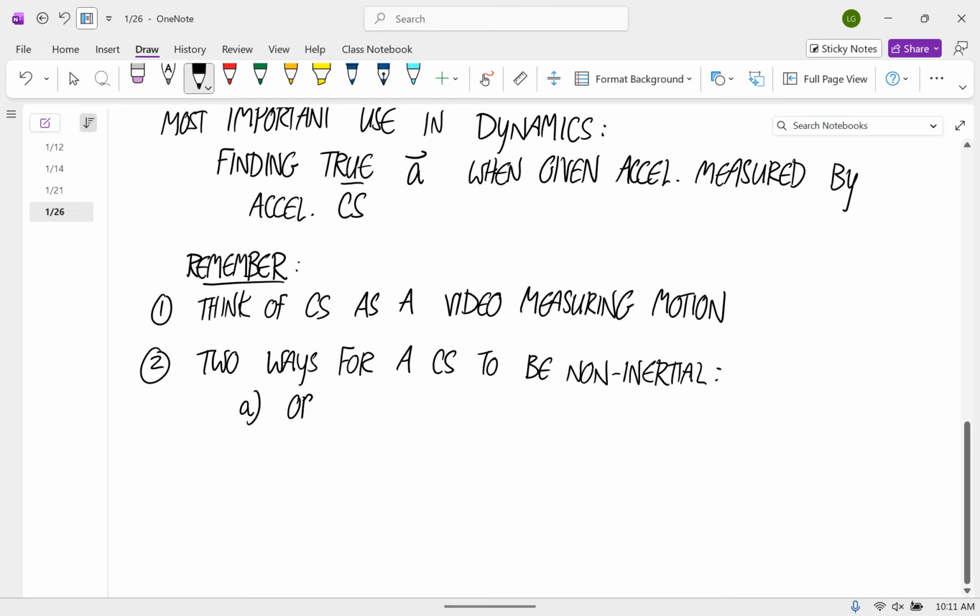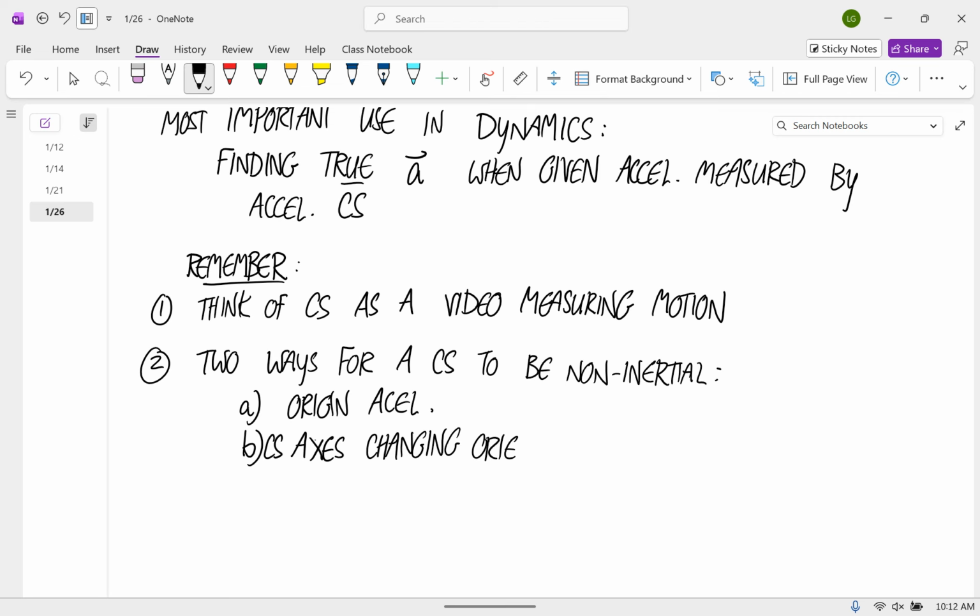The first way is the origin accelerating. And the second way is for the axes, the coordinate system axes, to be changing orientation. And relative motion is how you deal with this one.